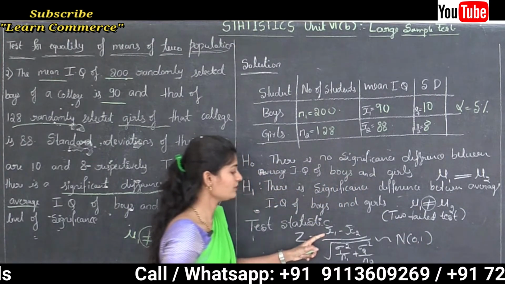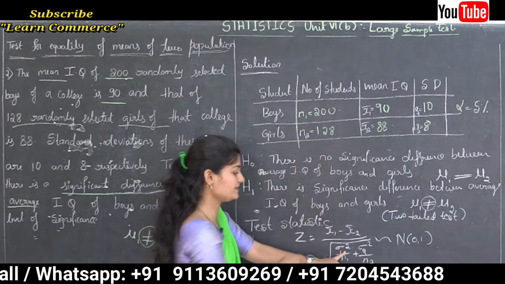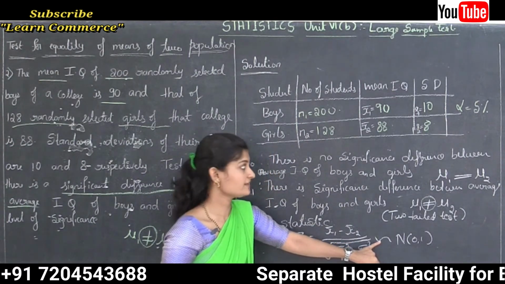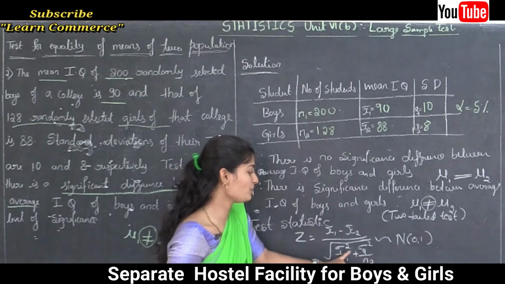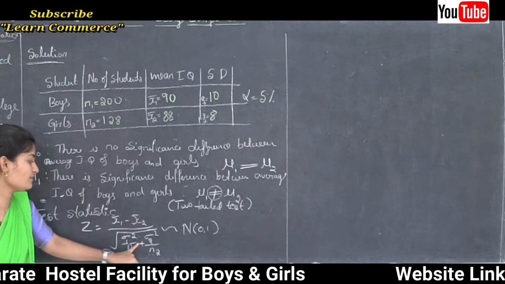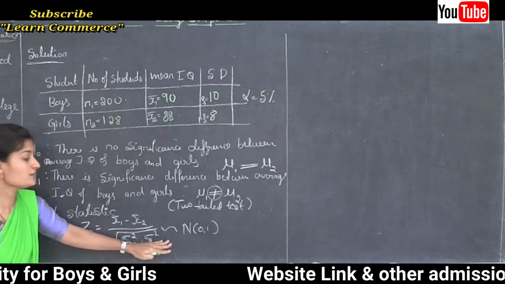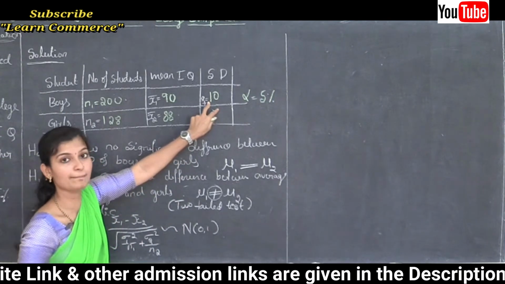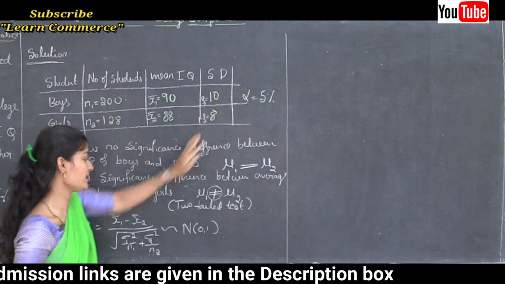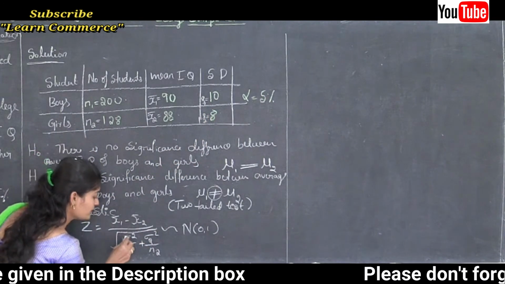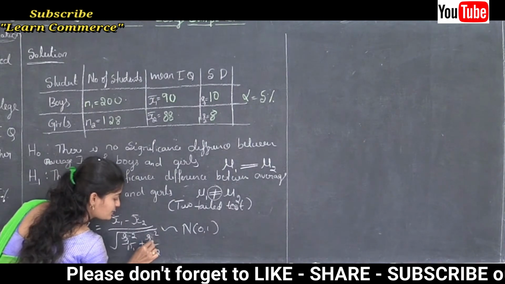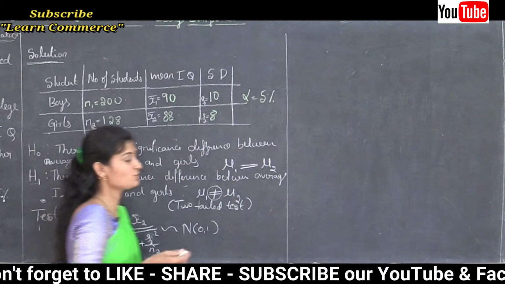Here sigma 1 and sigma 2 are the population standard deviations, but they are unknown. So they are replaced by the sample standard deviations, small letter s1 square and small letter s2 square.